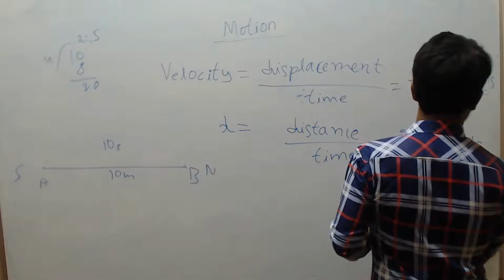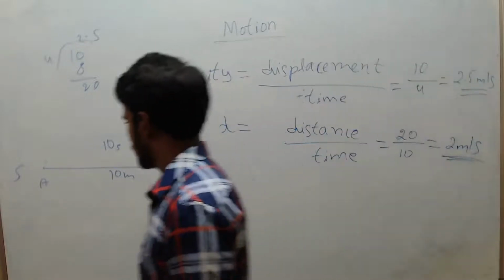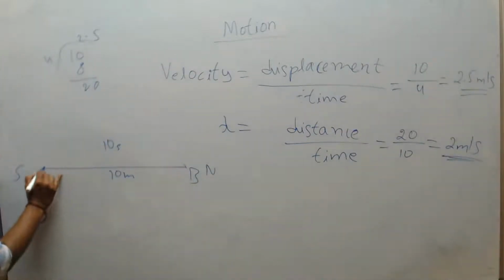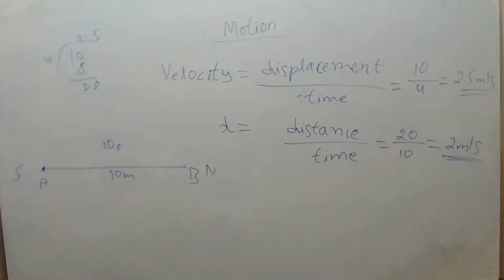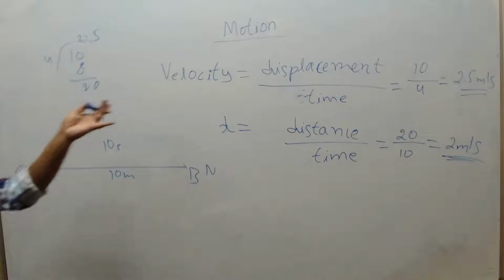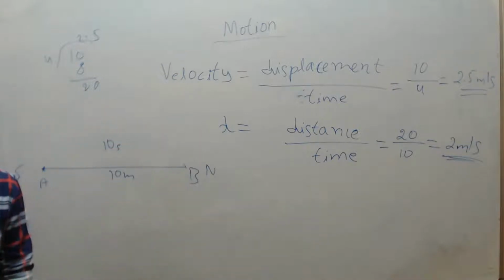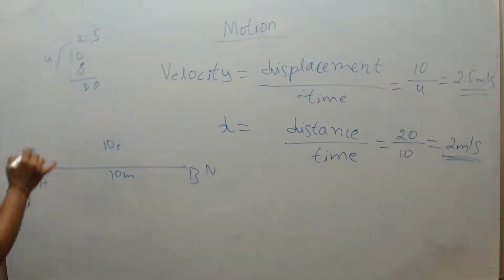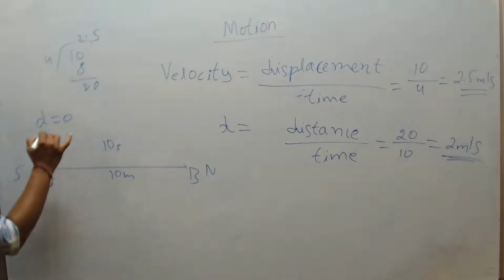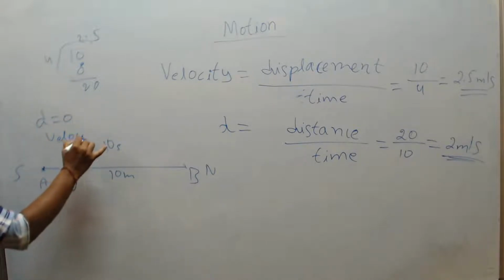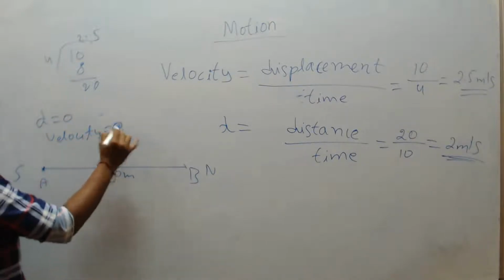Then what is velocity? Started at A, ended at A only. Here what is the displacement? Here displacement is 0. Then what is the velocity? In this case, velocity is also equal to 0. Okay? When the displacement is equal to 0, then velocity is also equal to 0. Why?